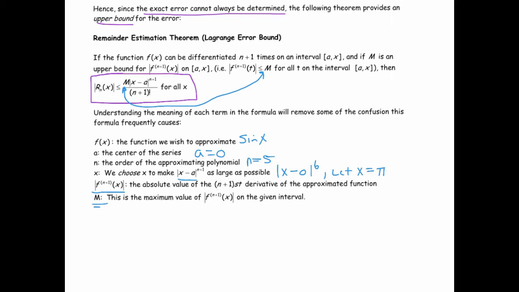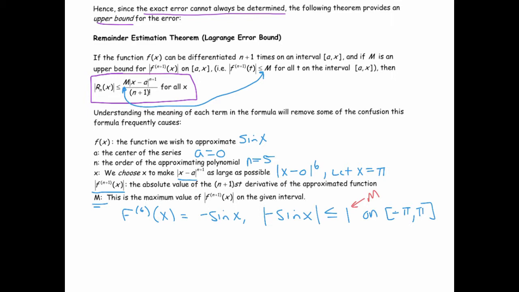We already saw that the 6th derivative of sine x was equal to negative sine, and the absolute value of negative sine of x is never bigger than 1. It's never bigger than 1 ever on its entire domain, but in particular on the interval negative pi to pi. So that's our M.